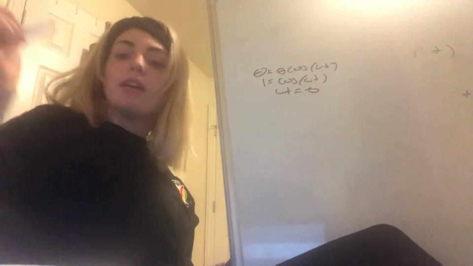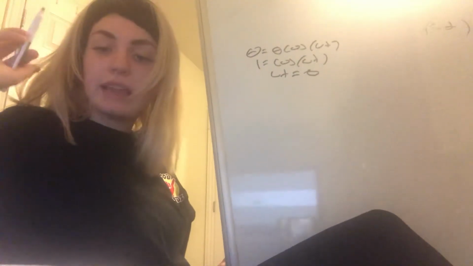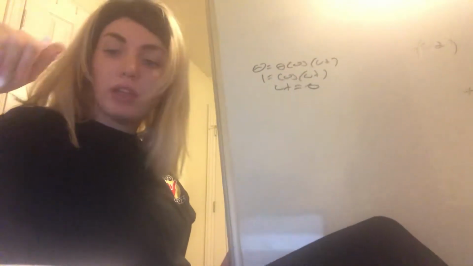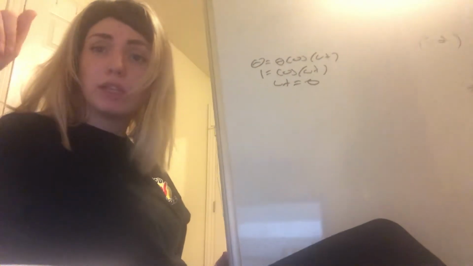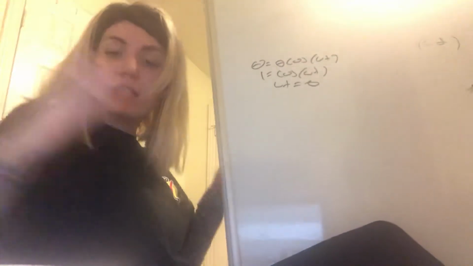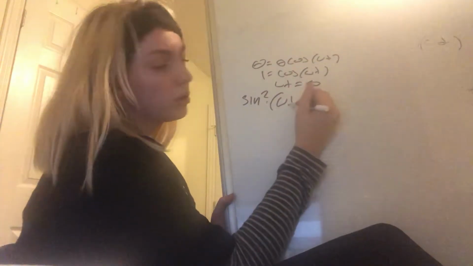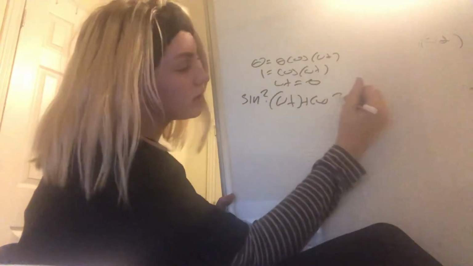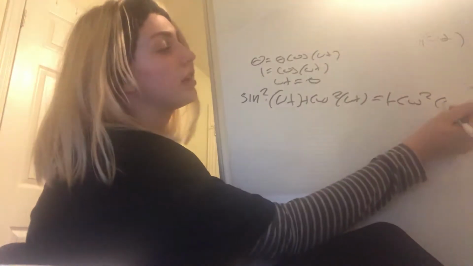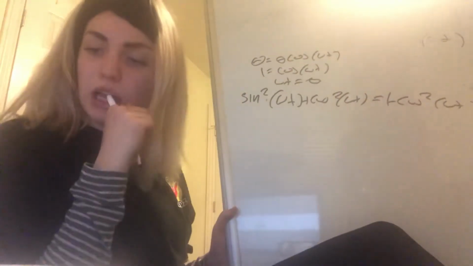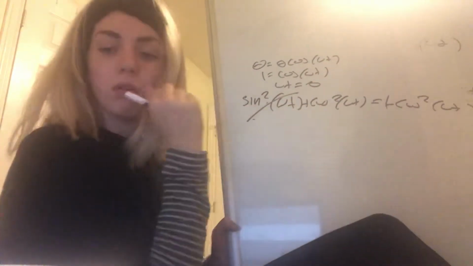And then since it equals 1, we can say that sine squared omega t plus cosine squared omega t equals 1, so sine squared omega t equals 1 minus cosine squared omega t, just using some properties that we know. And then this equals 0.